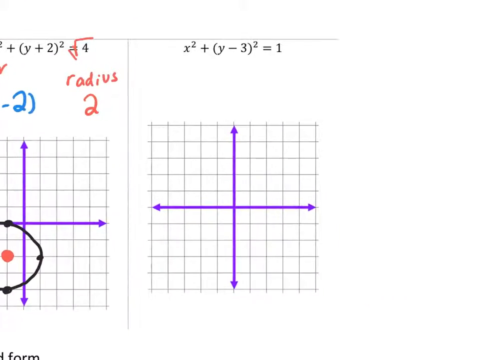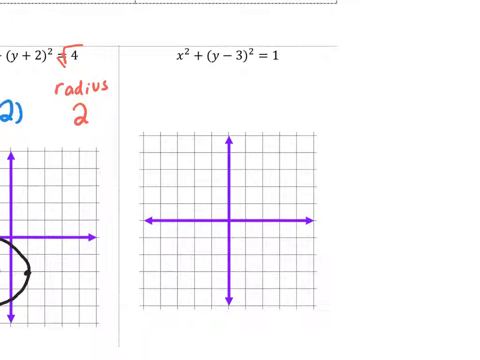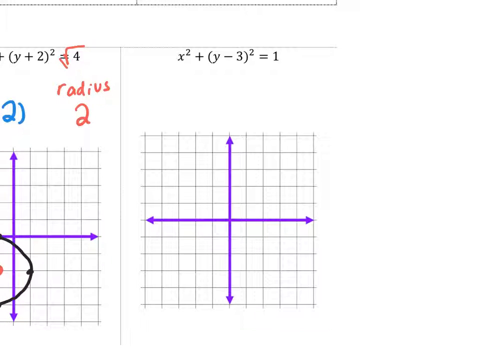Next one. Uh-oh, if there's not a number by the x, what number do you guys think it is? 0. And then if there's a -3 by the y, what does the number become? Good. And then what is my radius?